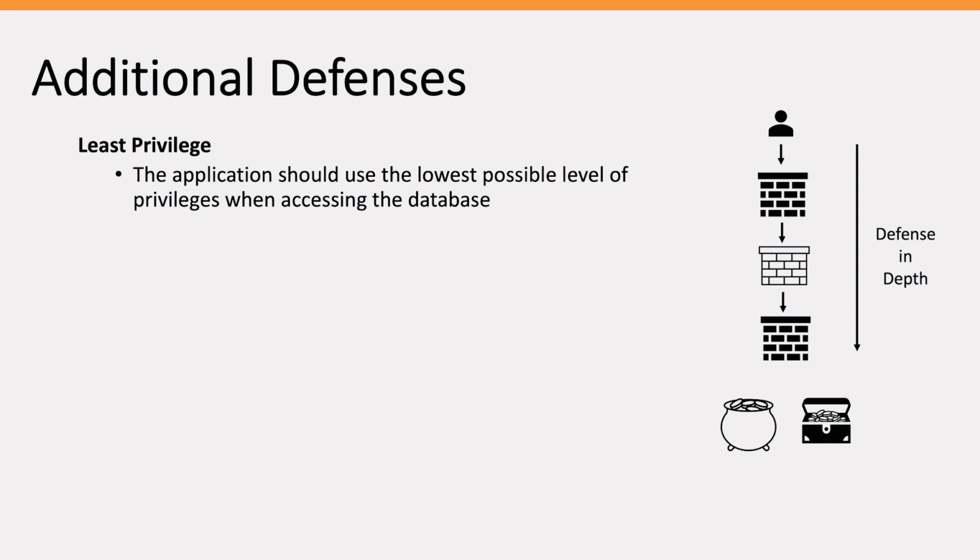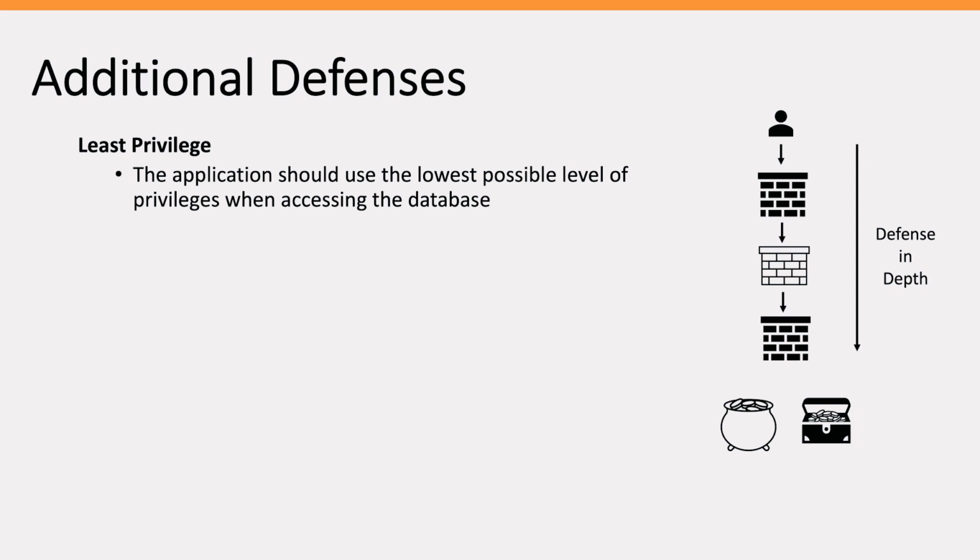The reason behind that is, if SQL injection exists in your application and an attacker exploits it to gain remote code execution on the server that the database is installed on, then the attacker will gain the same level of privilege that the database is running with. And so if the database is running as system or root, then the attacker already has all the privileges that the attacker needs on that server.